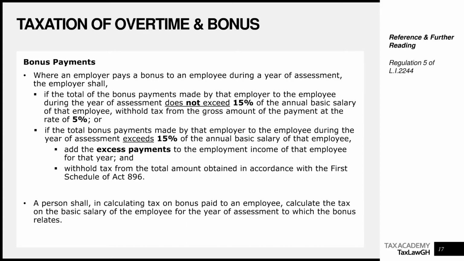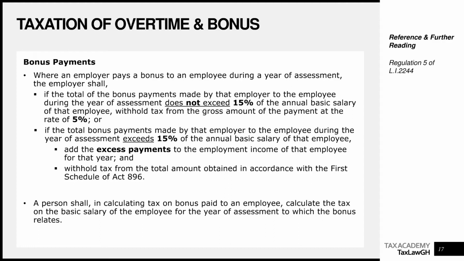Let's look at scenario number 2, similar to the overtime case, where this time the payment made by the employer to the employee exceeds the 15% threshold. We are saying that if the total bonus payments made by the employer to the employee during the year exceeds 15% of the annual basic salary of that employee, then the excess payments will be added to the employee's income and taxed accordingly.